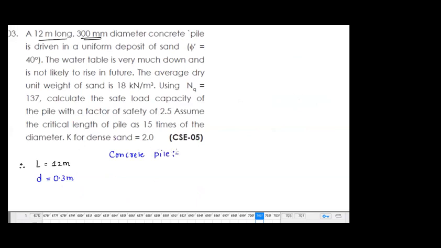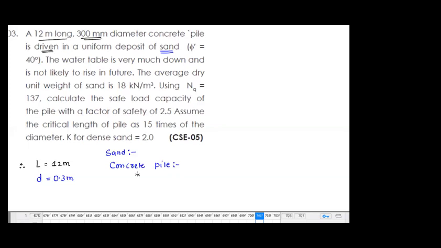Okay, so immediately in your mind it should come that it is going to be deposited in sand. So immediately we should get to know that the soil is sand. As the soil is sand, the concrete pile is nothing but a driven pile, no?